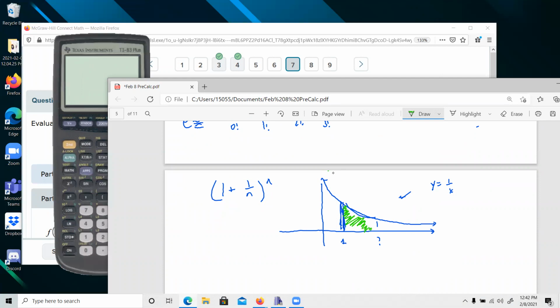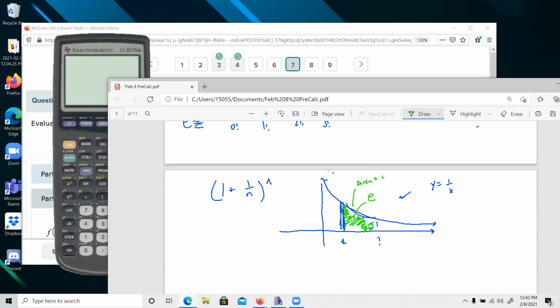And I've got 1 can of paint that I use to paint this with. The place I run out, that's e. So the area between 1 and some number is going to be e when this area is 1.